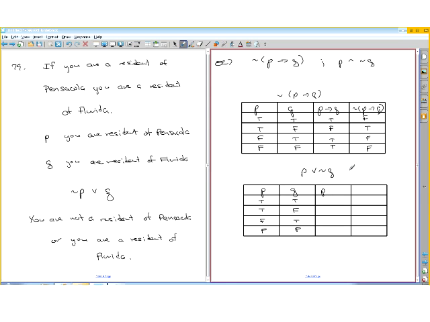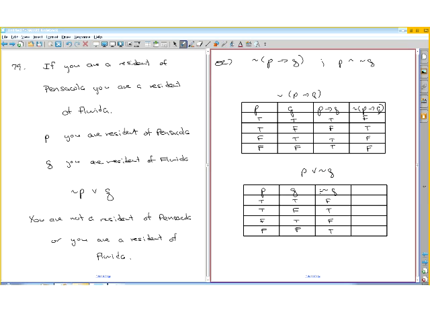And then we just have this operation, which is, oh, we got to put not Q in there. So actually, I did need the same number of columns, didn't I? Okay. So then what we do is we do not Q, which is false, true, false, true.